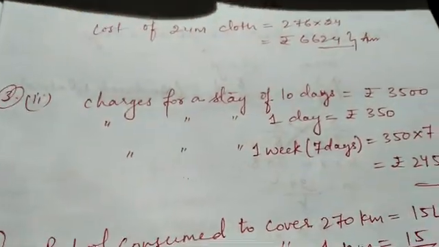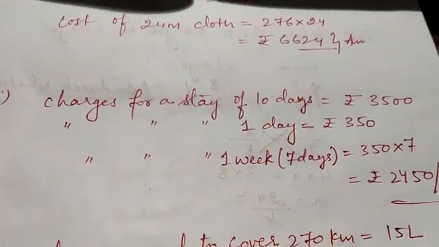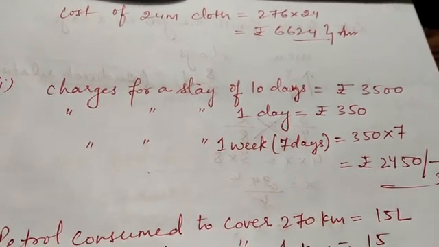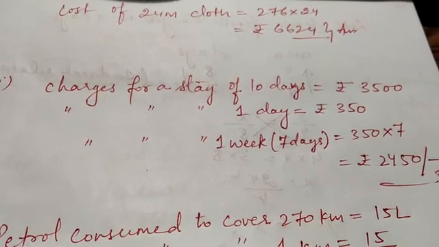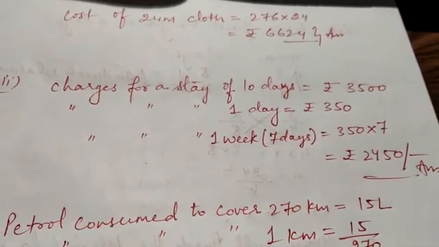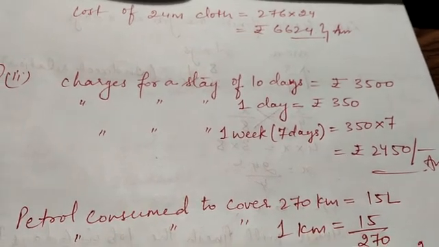So in the same way you have to do the third one also. 10 days cost is rupees 3,500. So 1 day cost will be 3,500 upon 10, that is 350. And then 1 week means 7 days cost will be 350 into 7, that is 2450.